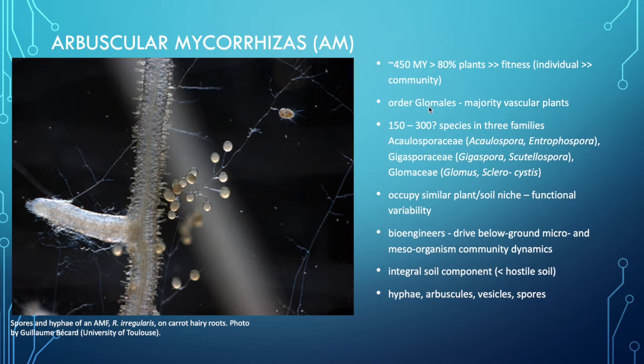So the major group that the majority of vascular plants associate with are the glomeromycotas, and these are the arbuscular mycorrhizal fungi that the majority of plants actually have on their root system.